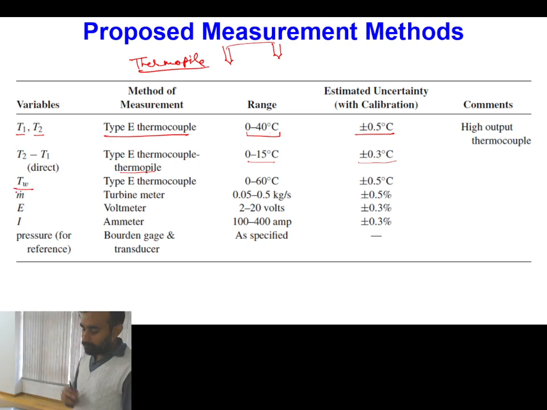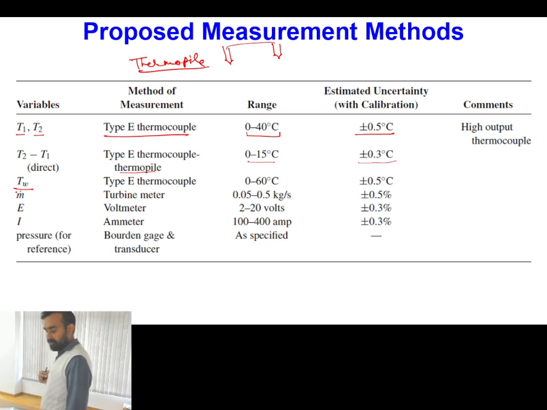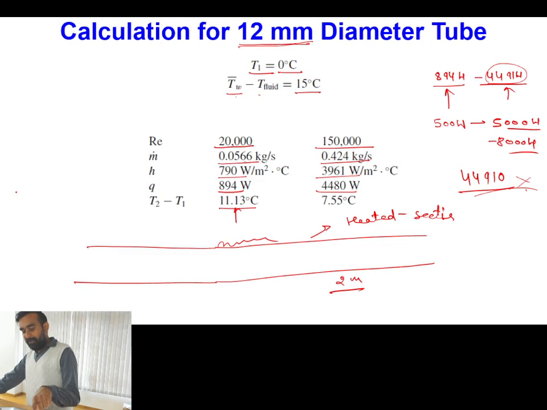Now again, what do I need to measure? I need to measure the wall temperature also. In terms of wall temperature, we have created a limit that the average wall temperature minus fluid temperature should not exceed 15 degrees Celsius. So in case the temperature of the outlet fluid is going up to 11 degrees Celsius, then at that location the wall temperature should be 15 degrees larger than this, which comes out to around 26 or 27 degrees Celsius.